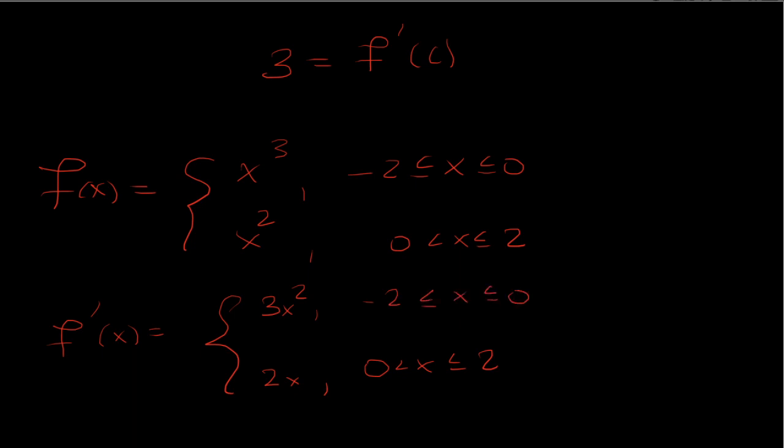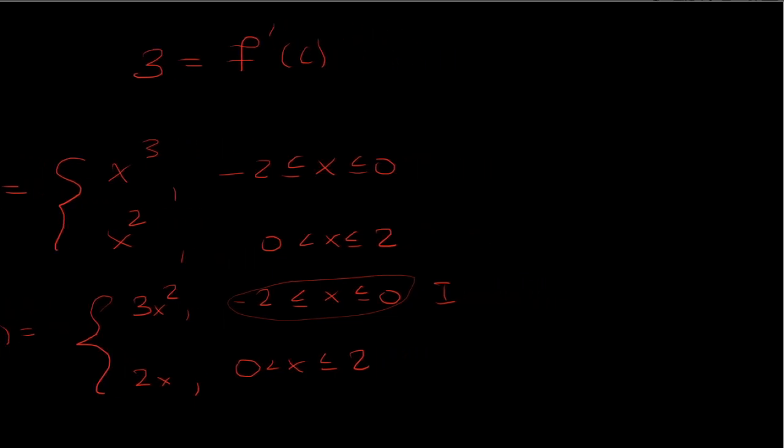Let's look at the first case, the one at the top. If x is between -2 and 0, when is the derivative equal to 3? The derivative is 3x squared. Set that equal to 3, and you get x squared is equal to 1. So x is equal to plus or minus 1.